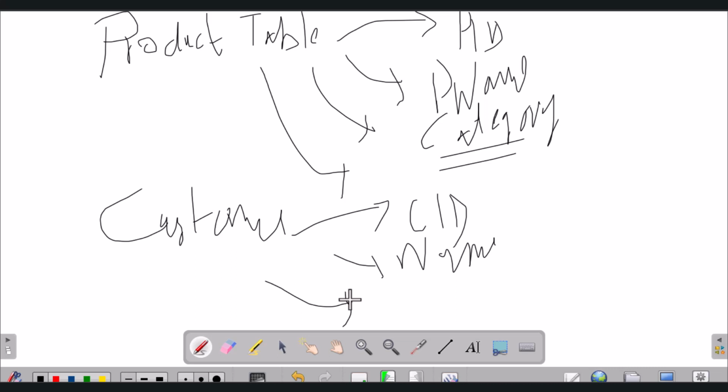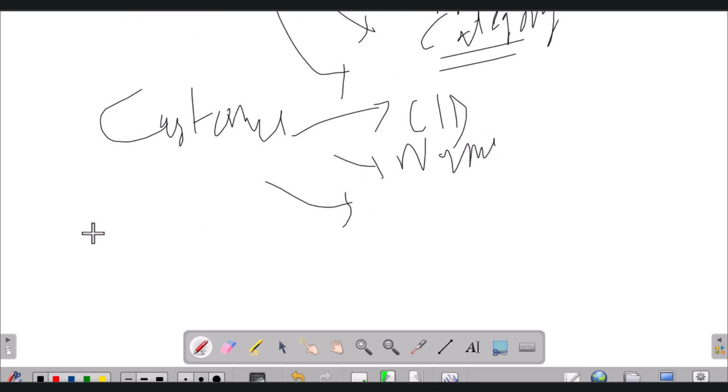If you want to understand this in a diagram, let's take an example of a table. The fact table is sales. I will summarize now. This is the sales table.